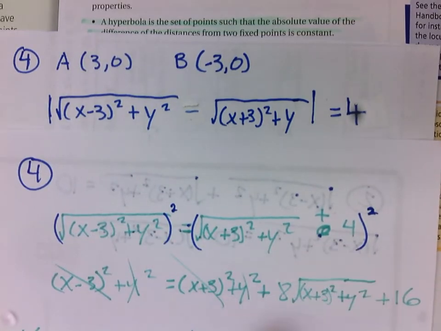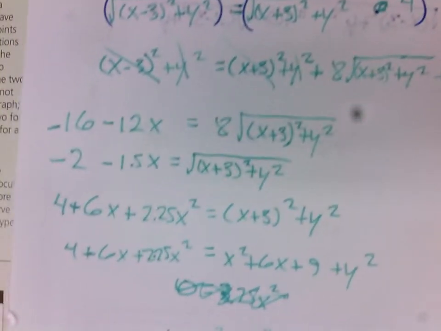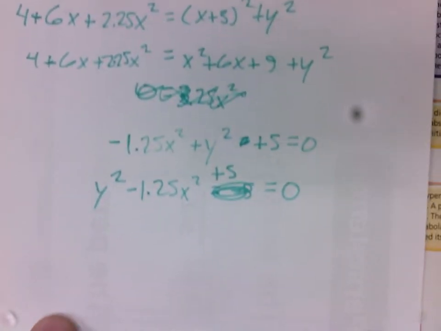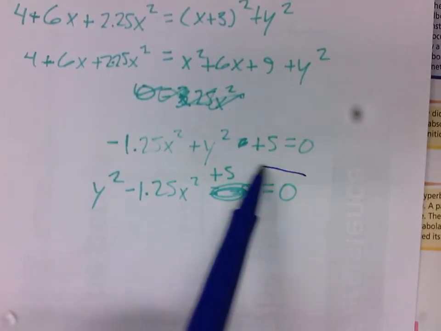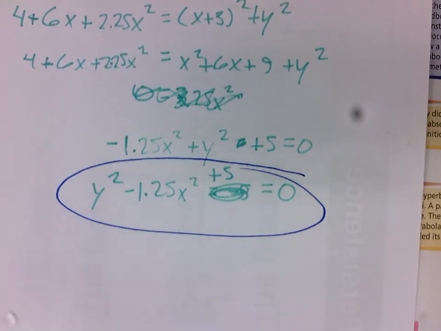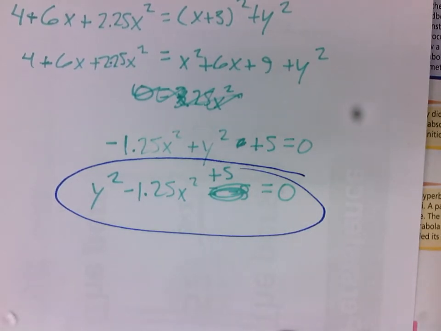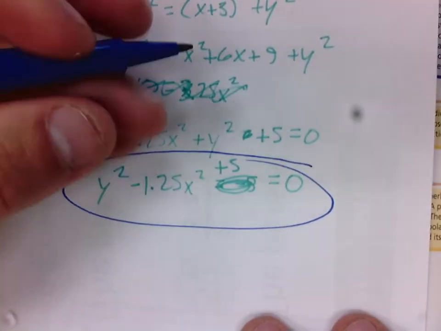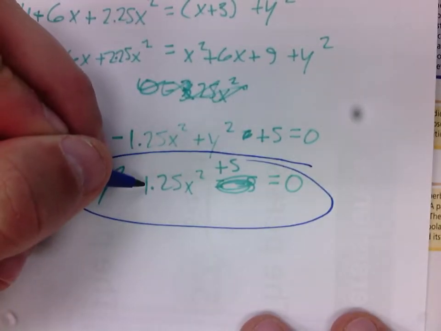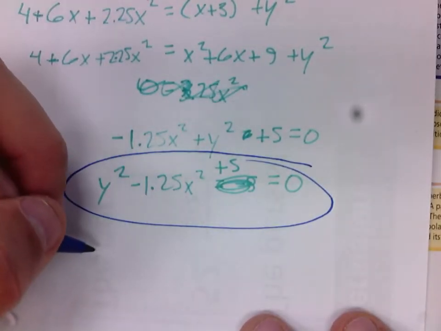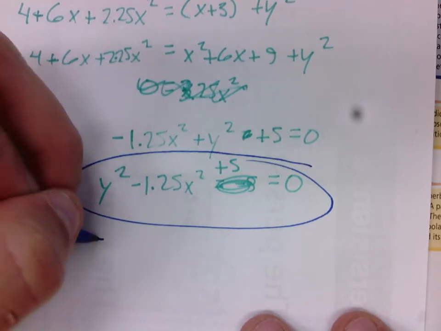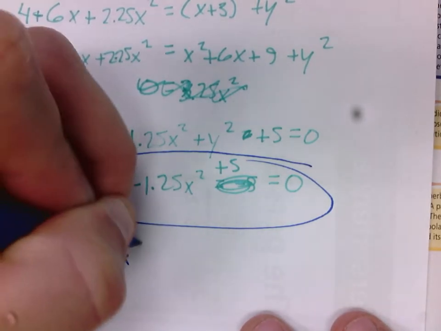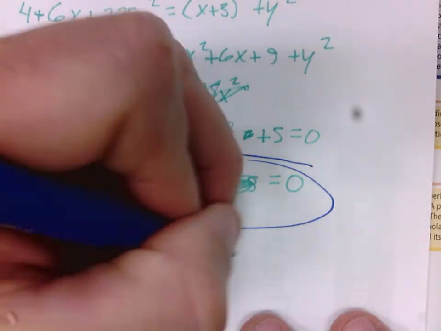And then I squared things, and I did all this algebra work, and this one worked out to be this right here. I didn't actually write the final form like we talked about before. If you actually were to do this, it would be better stated as 1.25 is 5 over 4. So this could rearrange to be 5 over 4 x squared minus y squared equals positive 5.